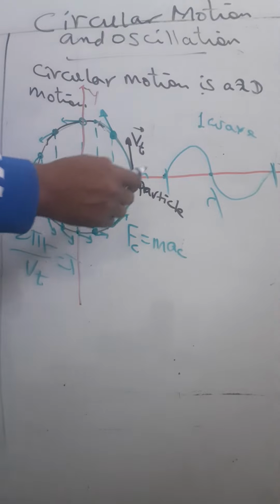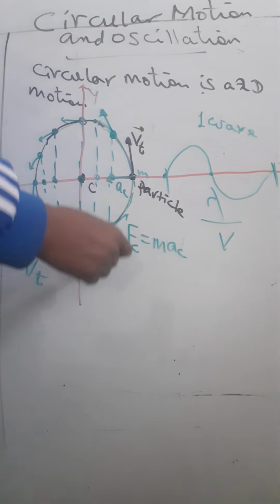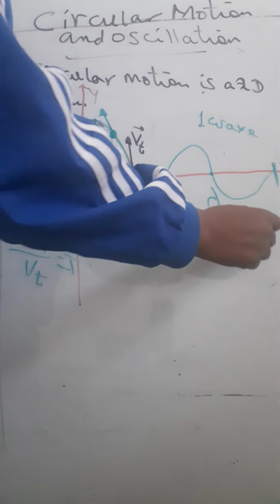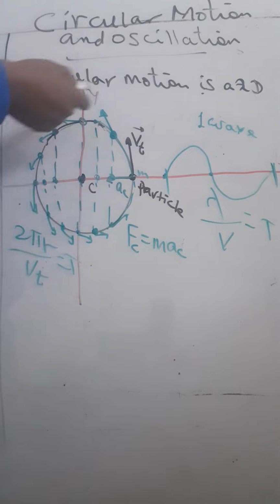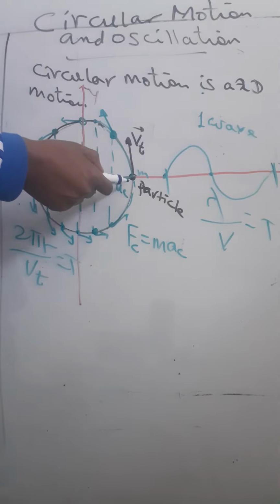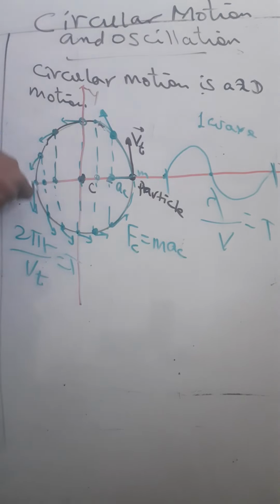The period basically is going to be lambda over v, the velocity of the particle, and this is T. So if you consider this as one complete circular motion, the wavelength is going to be equal to the circumference of the circle. That's why we say 2 pi r over Vt is the period.